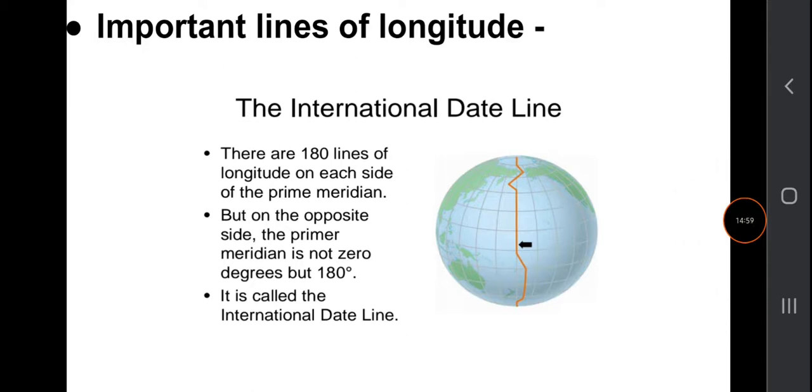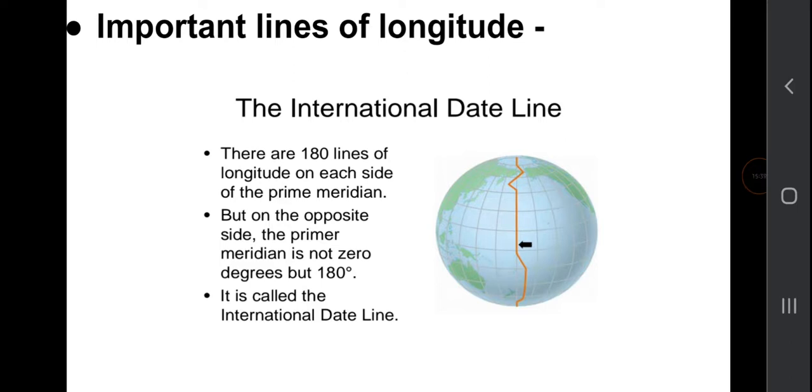So the international date line is to divide the date and time of the countries in both hemispheres, because day and night are not similar in the whole world. So with the help of this line, we can avoid the confusion of time and date for the countries located in Eastern Hemisphere and Western Hemisphere because of different day and night.